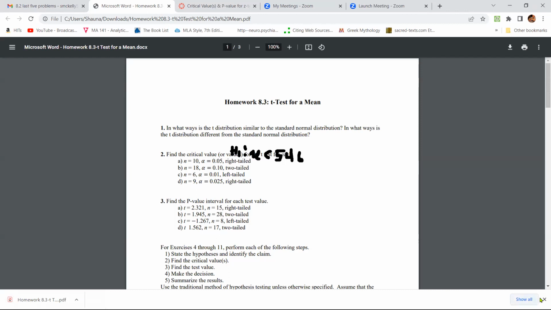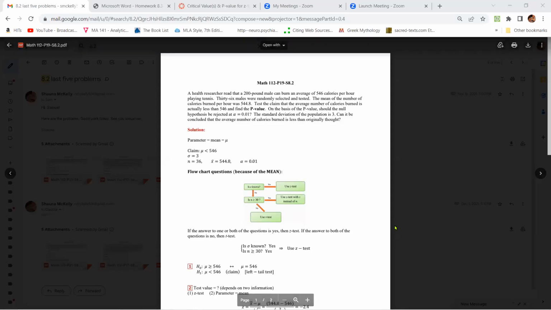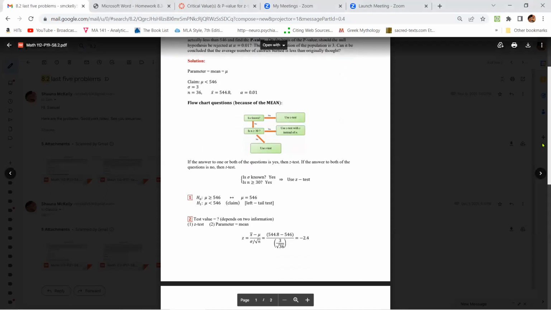I downloaded, no. Give me a moment, folks. Hold on. My email decided to, okay, there. Let me see if I can make this work. All right. Okay. So there it is on the screen. Click.